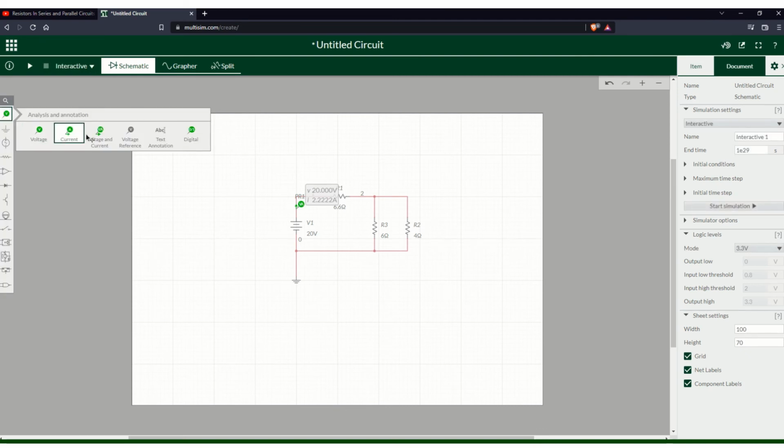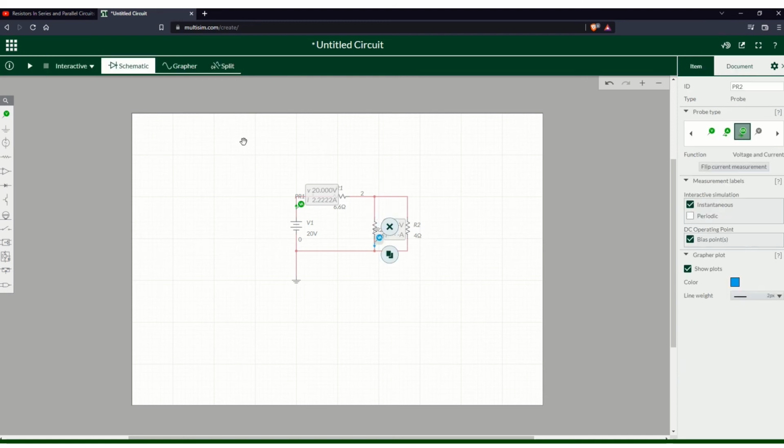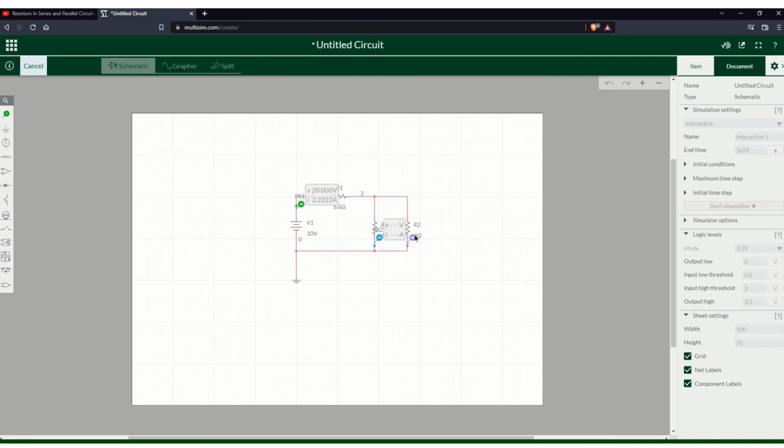If we want to see what our voltage and current is leaving these resistors, so what I1 and I2 are, we'll see that I1 comes out to be 888 milliamperes, if I'm not mistaken. It's just covered up.